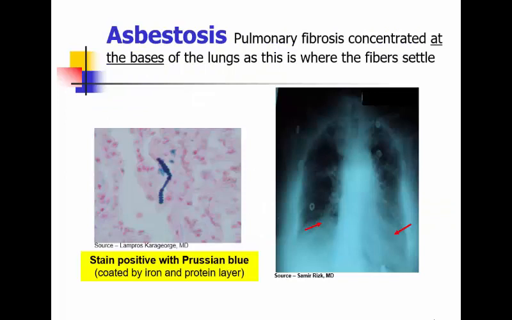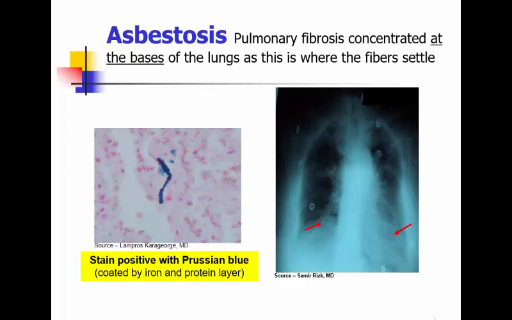I want to tell you about this because you will see this in your practice a lot. The word asbestosis means pulmonary fibrosis concentrated at the base of the lung, and this is where the fibers will settle. The fibers of the asbestos are heavy, and they settle down to the base of the lungs.